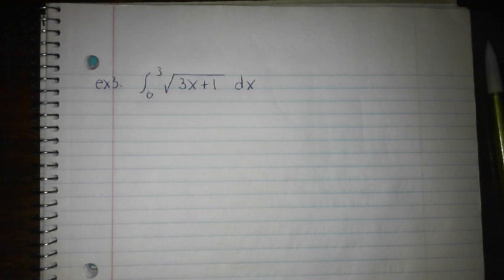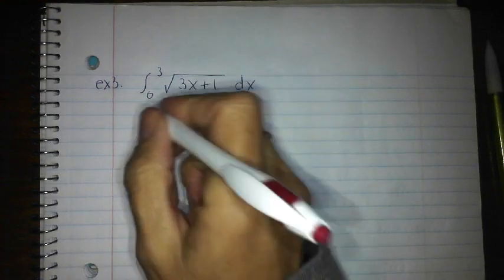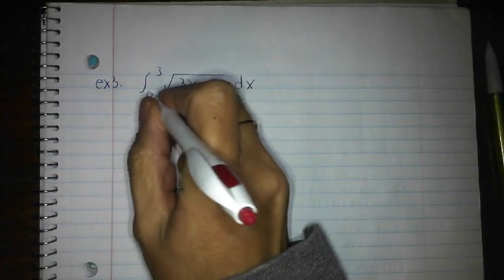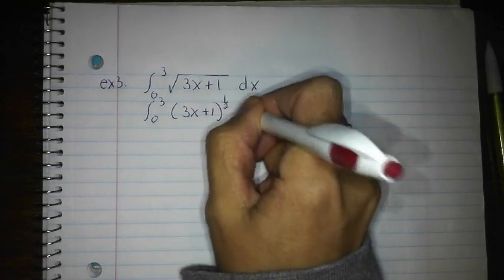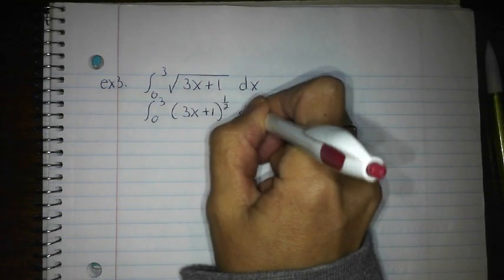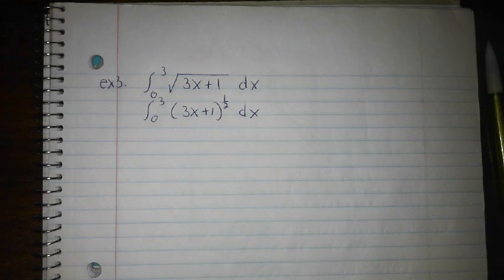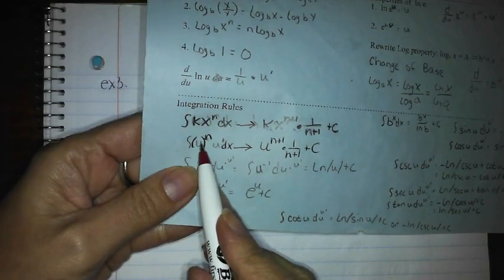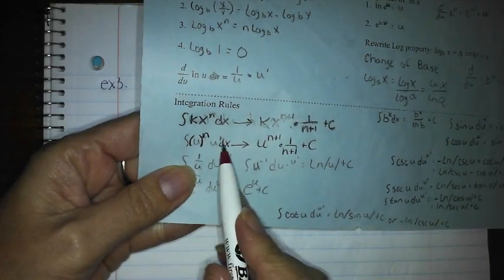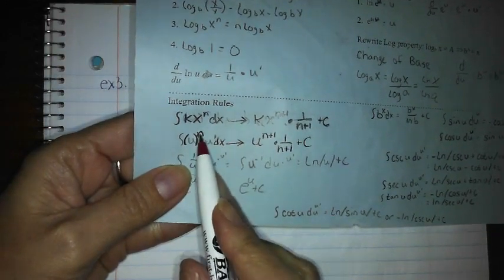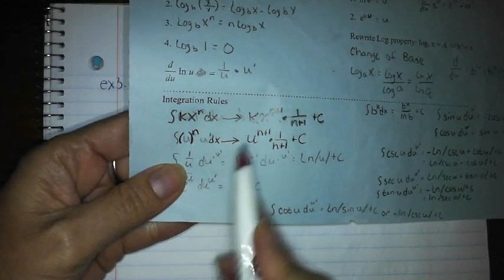You do your antiderivative that we practiced before Christmas. So let's rewrite this with the fractional exponent. That'll be to the 1/2 power. For your antiderivative rule, when you have an inside, you have to have the inside next to the dx. Get that set up, throw all that away, then you add one reciprocal to the exponent.